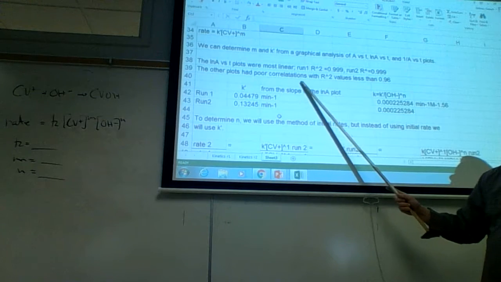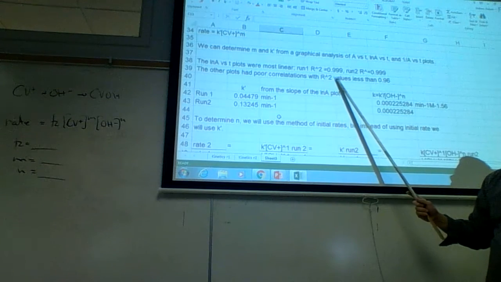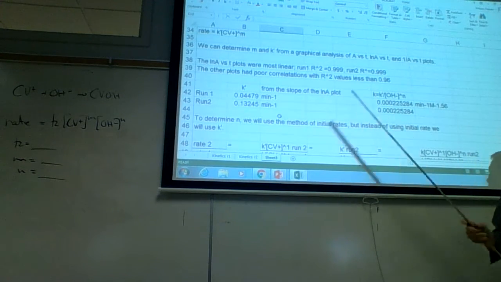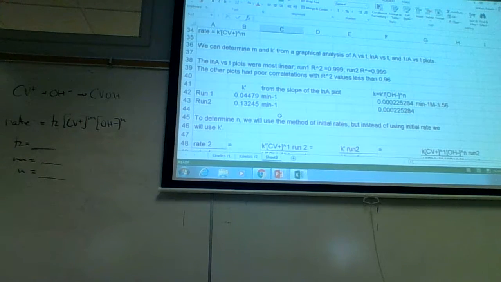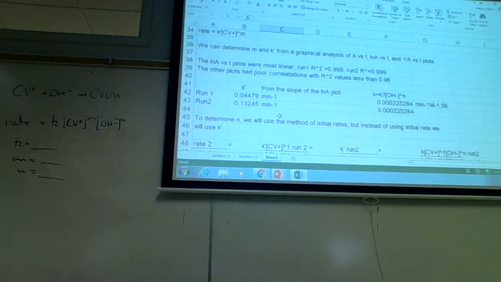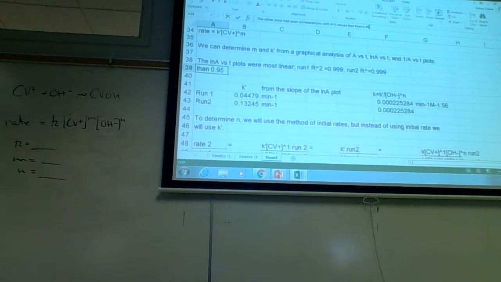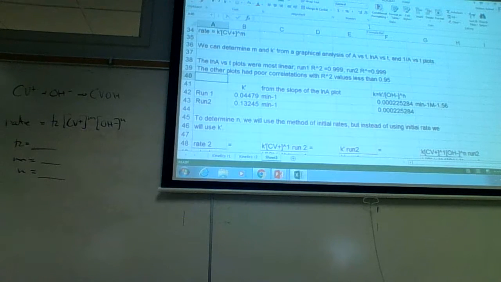The other plots had poor correlations with an r squared value less than 0.95, and so those weren't so well correlated.